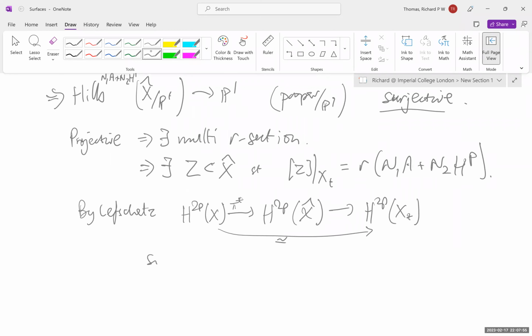So what that tells us is that the pushdown of this class Z is actually not just our class r times n1 a plus n2 h to the p on the fibers X_t. It's not just true on the fibers, it's actually true on the whole of X. Okay.